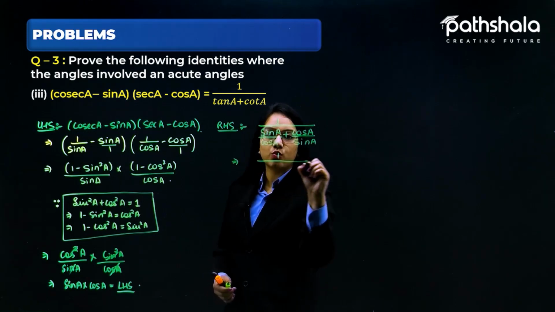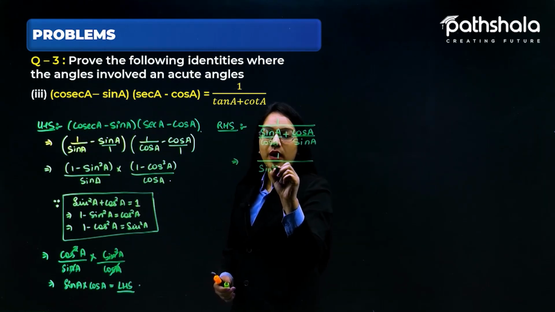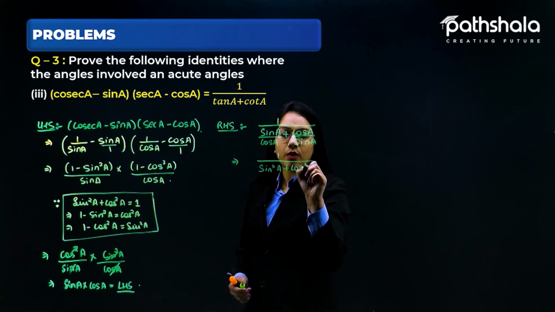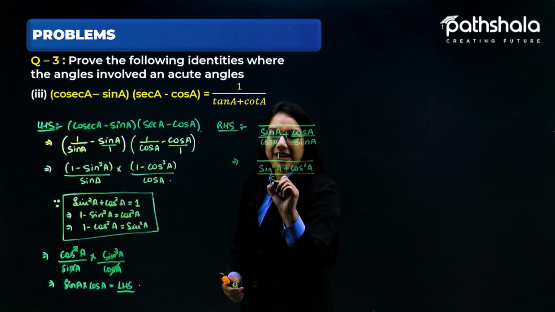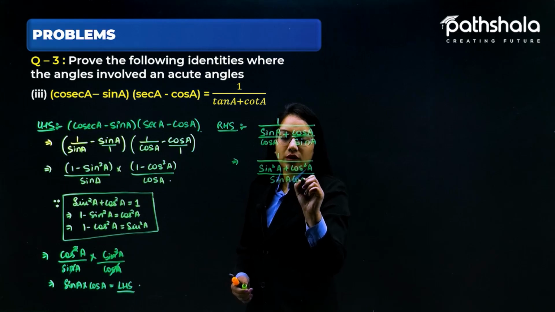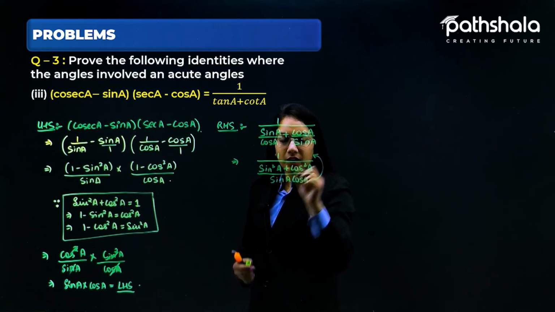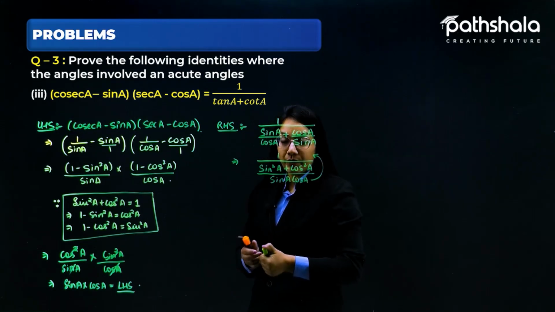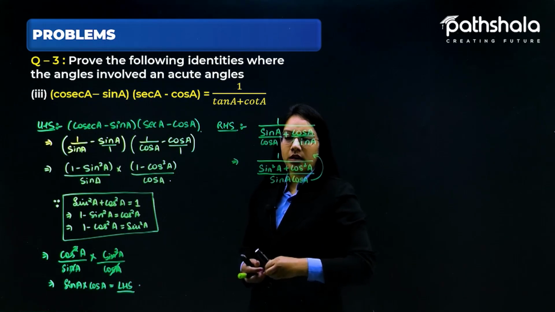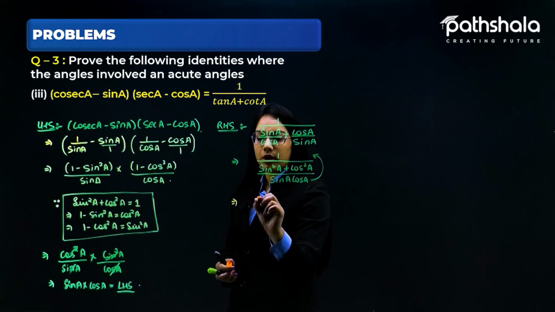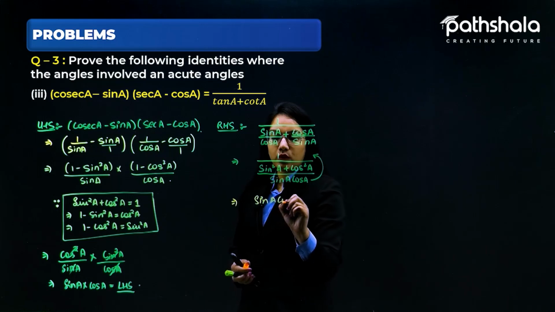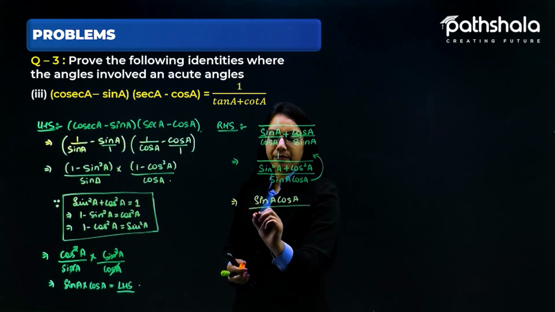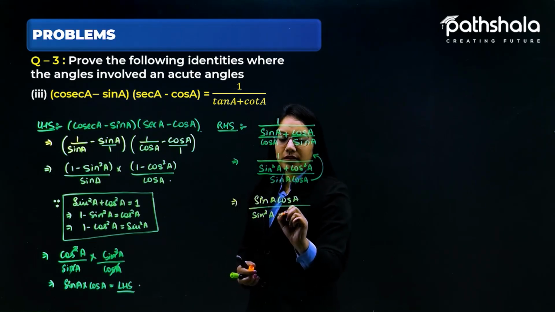So this can be written as 1 by (sin square A plus cos square A) divided by (sin A into cos A). This is converted so that we can write it as sin A into cos A divided by (sin square A plus cos square A).